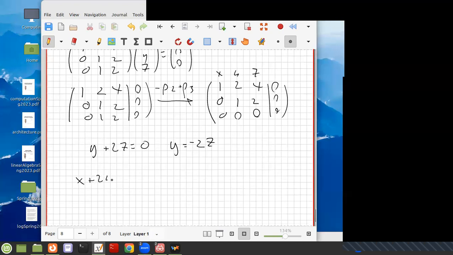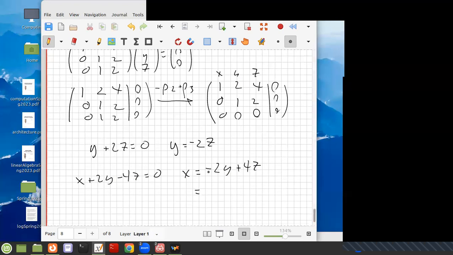x plus 2y minus 4z equals 0 is the top equation, and that says that x equals minus 2y plus 4z, right? Plus 4z minus 2y. But then I use the y here.